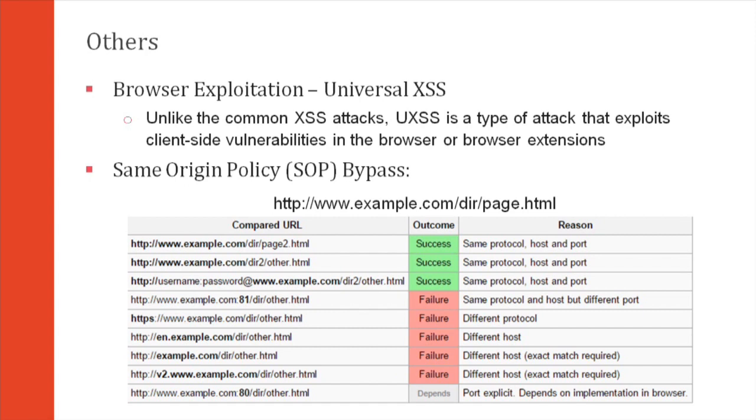Internet Explorer doesn't rely on the port, it relies on zones. It's a kind of different approach, but a similar idea. As you can see here, same origin plays a key role in this whole web-based environment.